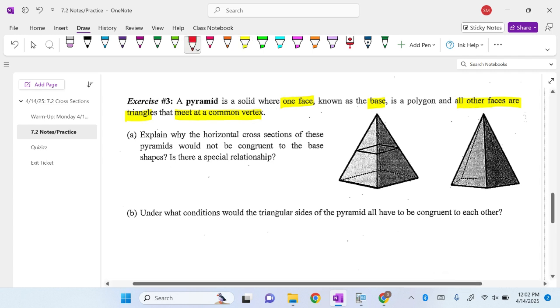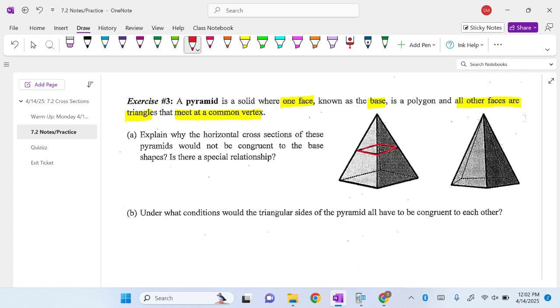So, if I cut it horizontally, right here, the cross section is obviously a square. But does it look like it would be congruent to the base? No. Why would it not be congruent? Well, it's smaller. But think about where we're cutting and what a pyramid looks like.